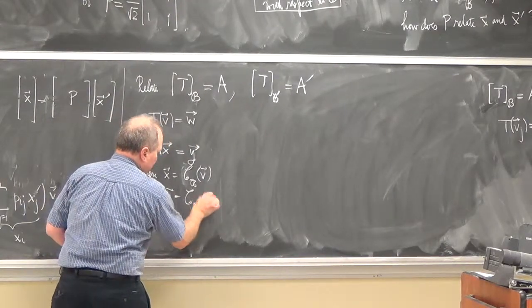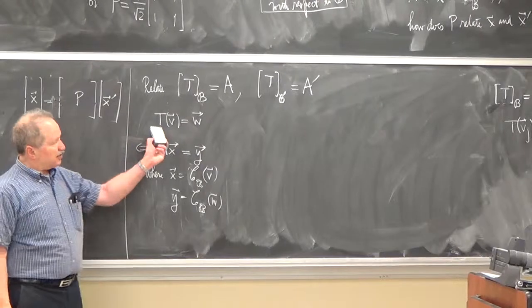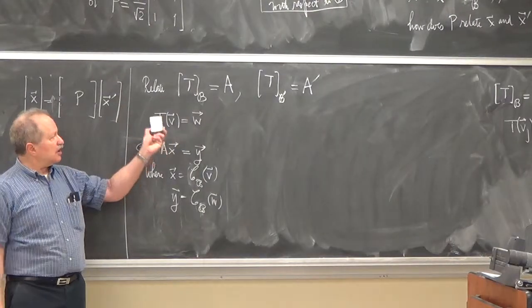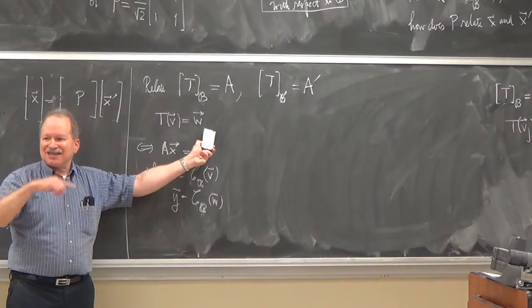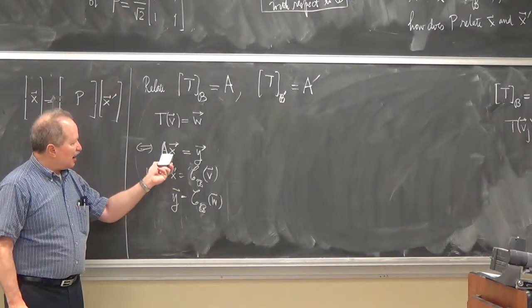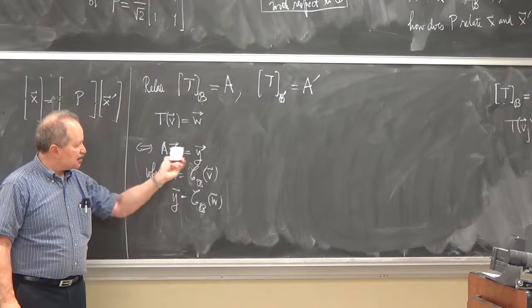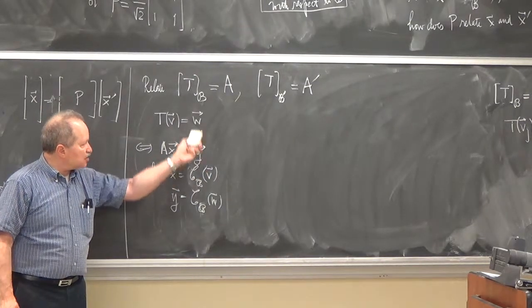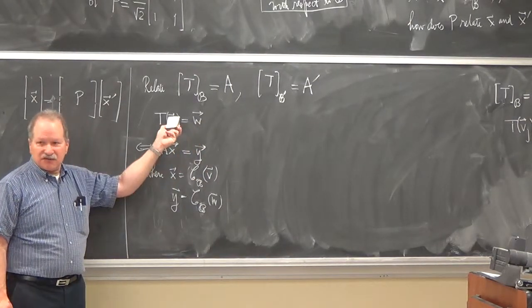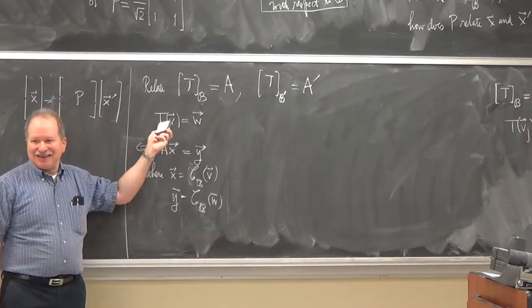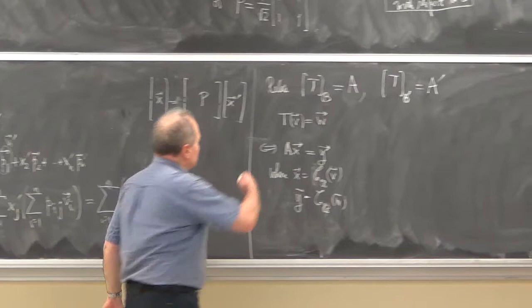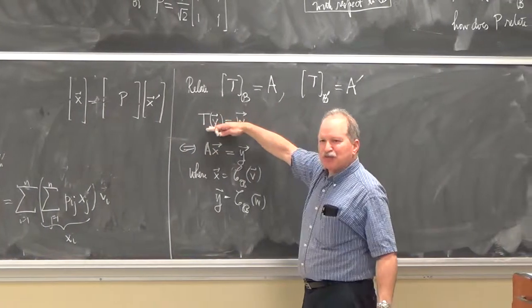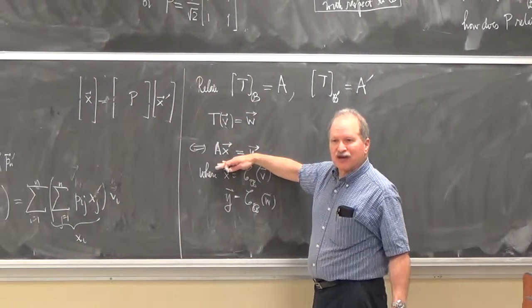So all I'm saying is you have a linear map that as an abstract function is sending one vector to where it goes. When you switch to matrices and vectors, you're saying I'm taking AX equal to Y. Y is the coordinates of W, X is the coordinates of V. And A is the matrix representation of T. So this is a dictionary that goes from thinking of abstract vectors to coordinates.